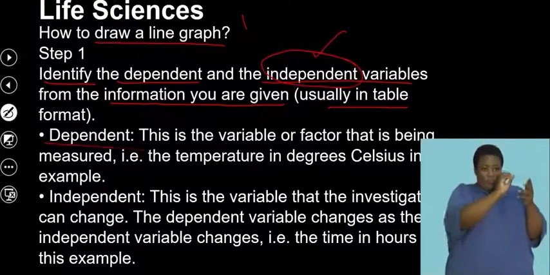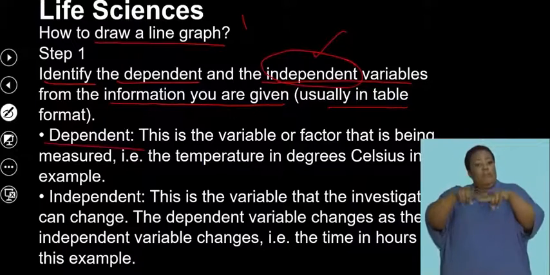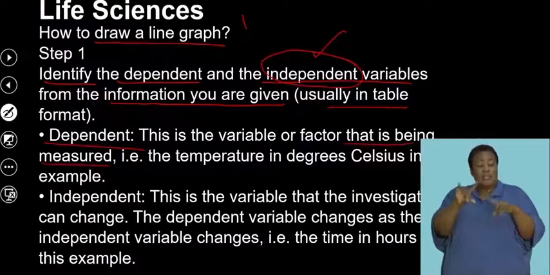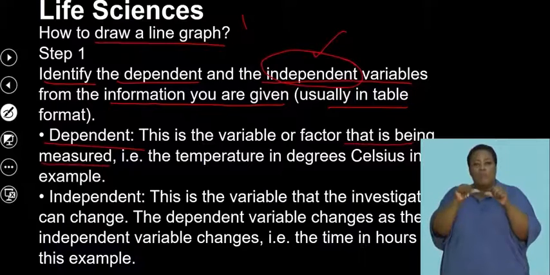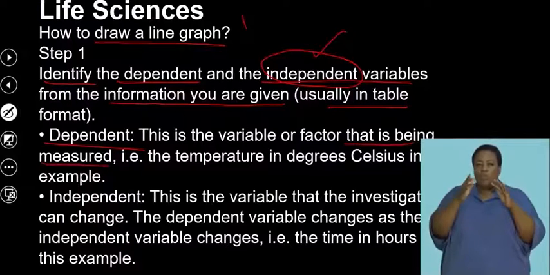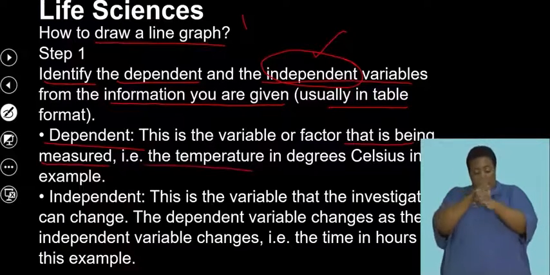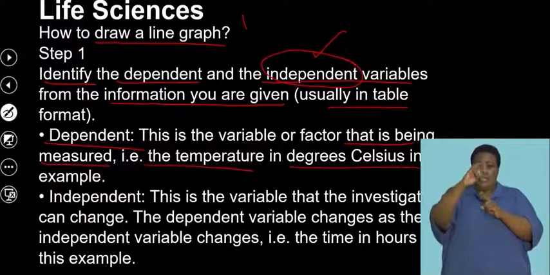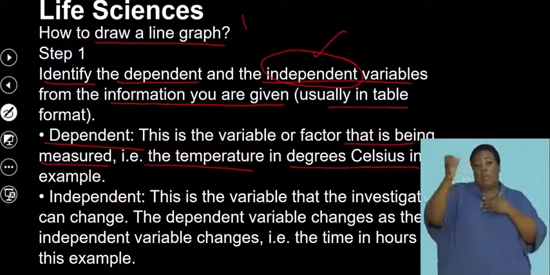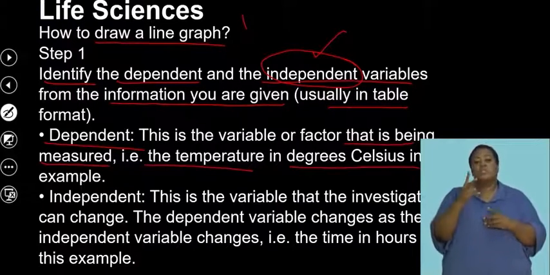We then look for the dependent variable, and this is the variable or the factor that is being measured, that is used to measure or to determine the conclusion of an experiment. It could be the temperature in degrees Celsius, and we'll look at that in the table that I've placed on the next slide. So let's look at an example of that.